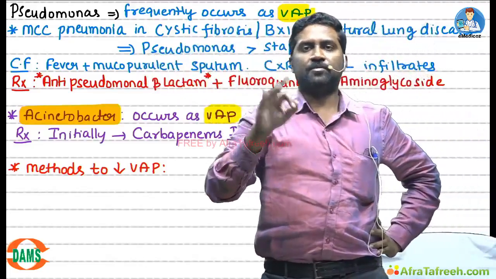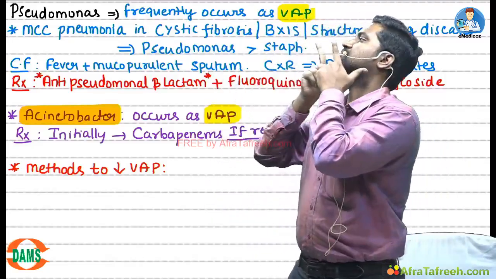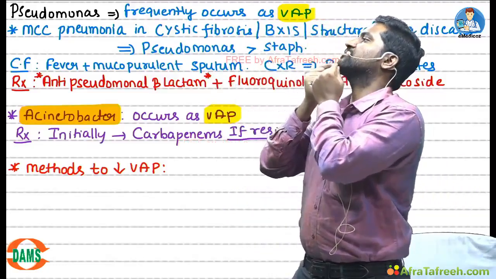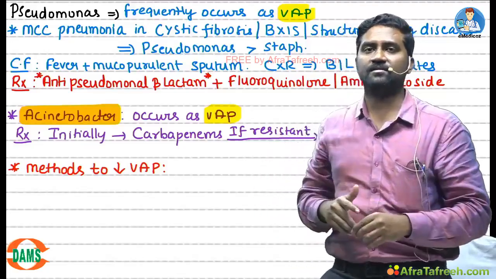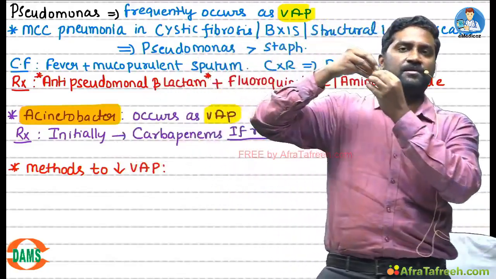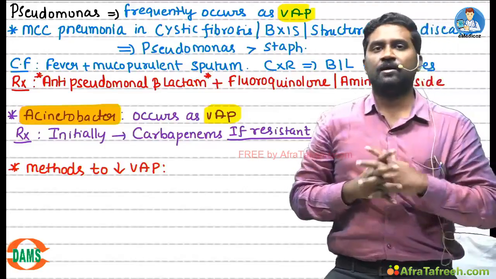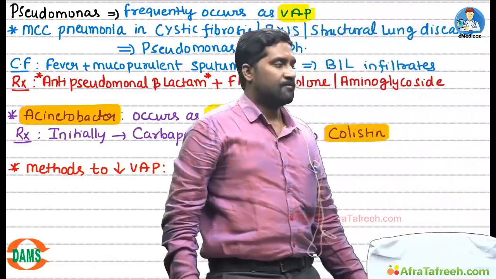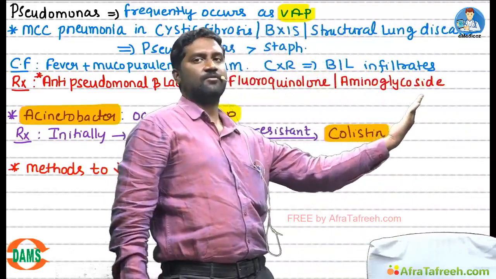So 3 important mechanisms: while inserting the tube, along the walls of the tube, and from the ventilator directly into the tube and then into the lung. Now what are the methods to reduce ventilator associated pneumonia? First method is to elevate the head of the bed 30 to 45 degrees.